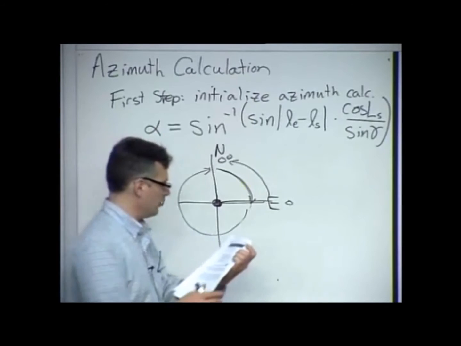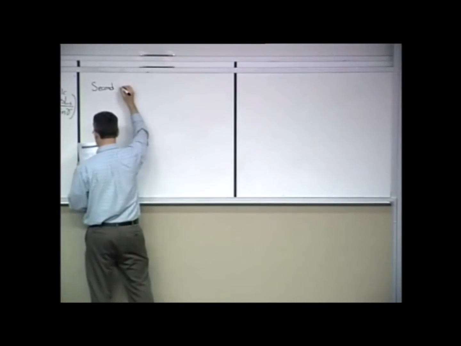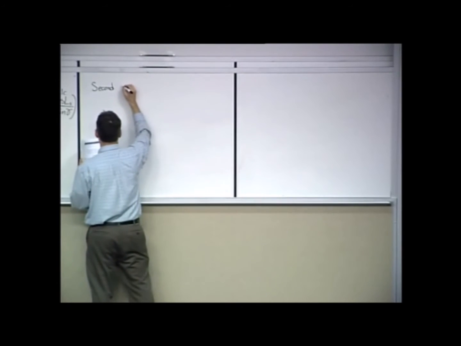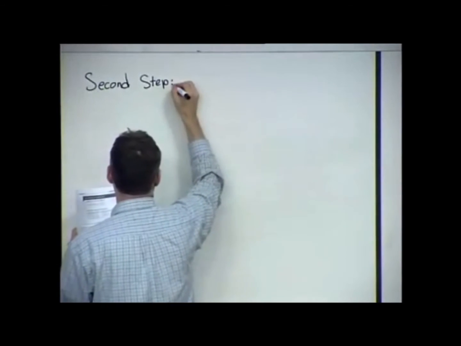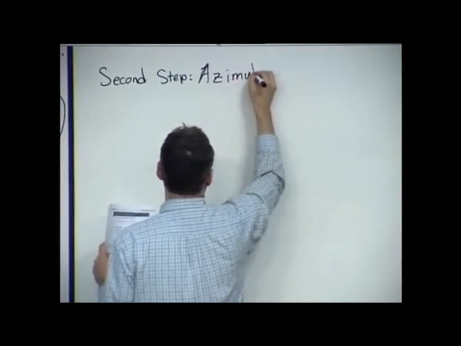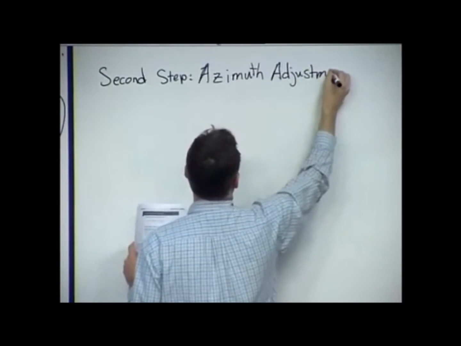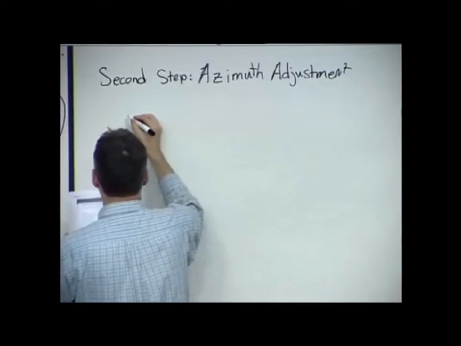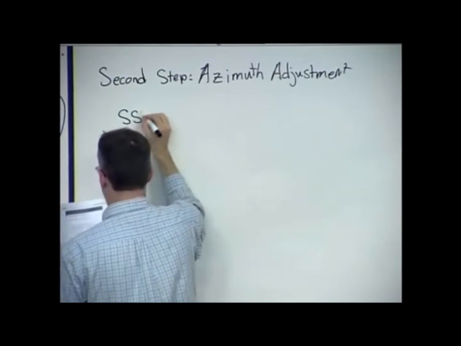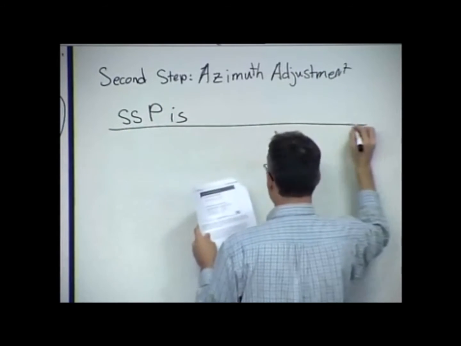So we need to make some correction factors to get the actual azimuth. And there's a second step, which is an adjustment step. And this is trickier than it looks. So put this table in your notes.